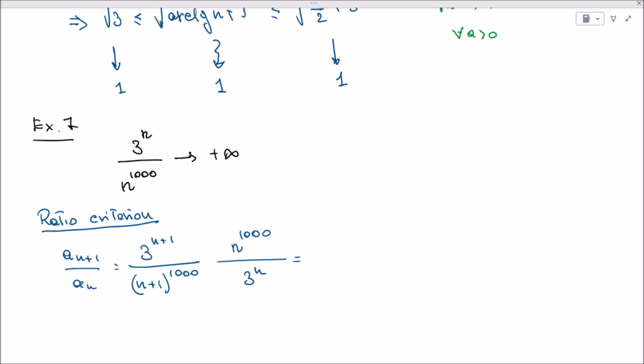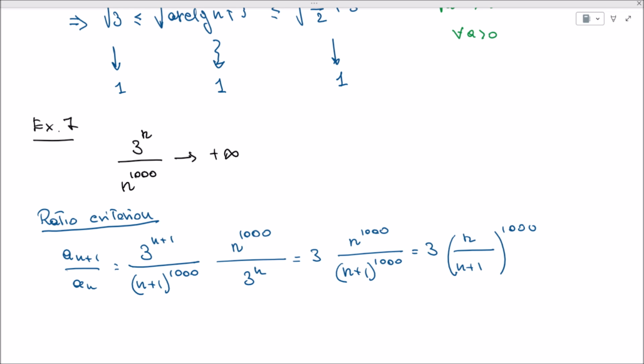But this is equal to 3, by simplifying 3 to the n plus 1 divided by 3 to the n, and then we are left with n to 1000 divided by n plus 1 to 1000. We can write this as 3 times n divided by n plus 1, all raised to 1000.